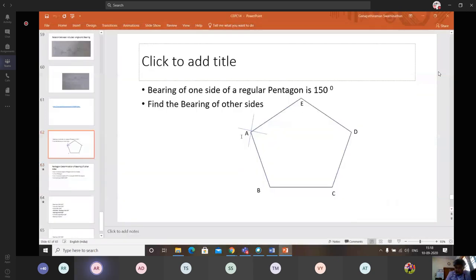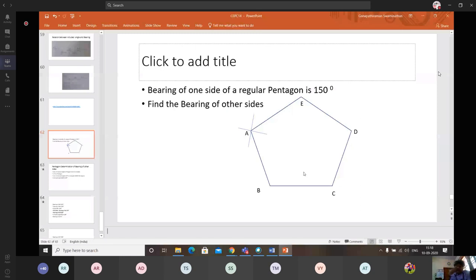So here 330, okay. 108 is there. 330 plus 108 is 438. You subtract 360, you get 78 degrees. So the bearing of BC is 78 degrees.